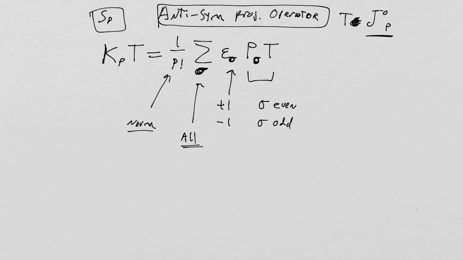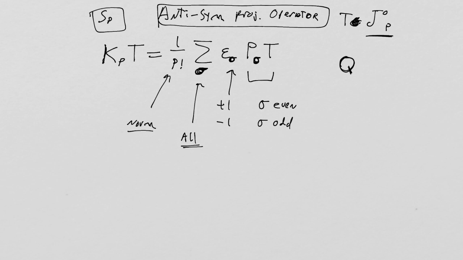So if we gave it a tensor Q that was already anti-symmetric, then it should return Q. What do we mean by Q is anti-symmetric?